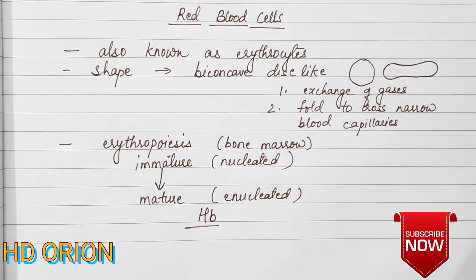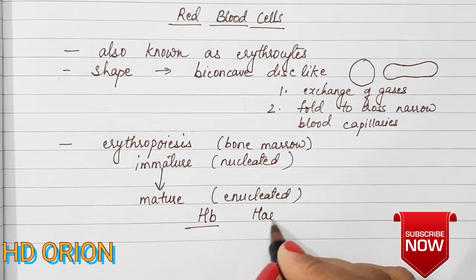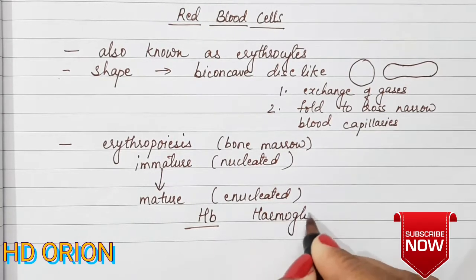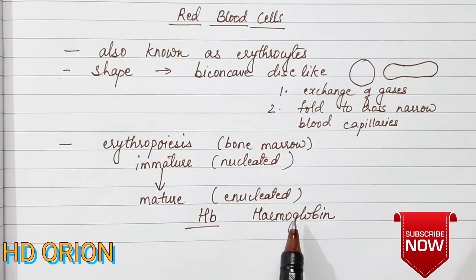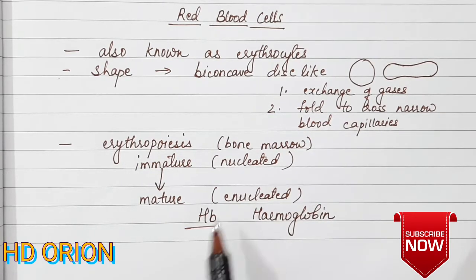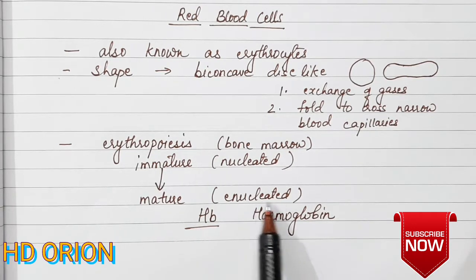The hemoglobin is the respiratory pigment that is present inside the RBCs. So the hemoglobin gets packed up in the RBCs nicely, and this is an exception for the cell theory. The cell theory says that all the cells have nucleus, but human RBCs are enucleated.